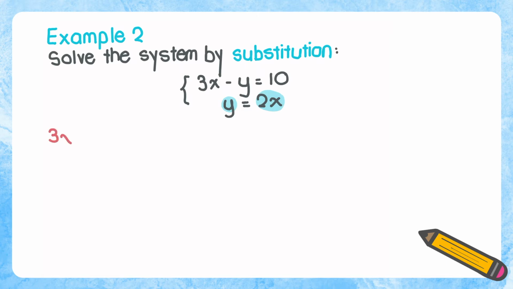So instead, I'll have 3x minus 2x equals 10. Again, I replaced y with 2x. Next, we do 3x minus 2x, which is simply 1x or x. So x equals 10.